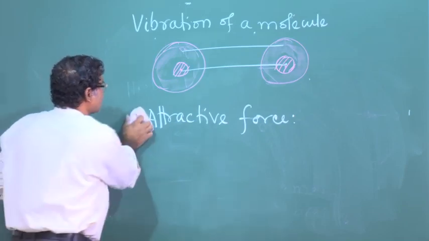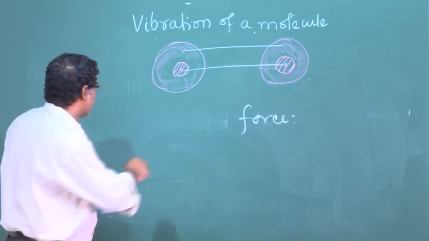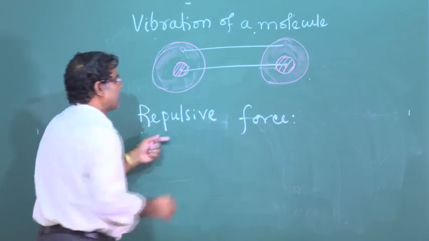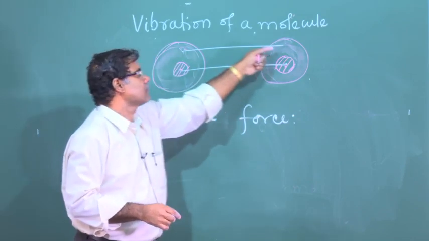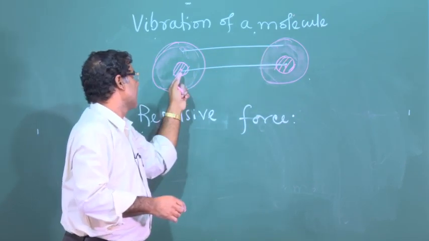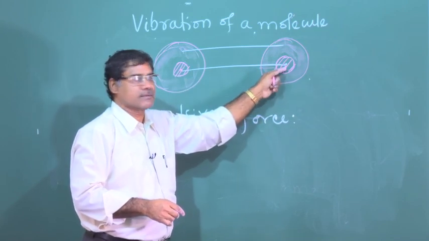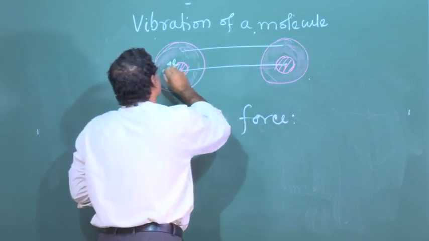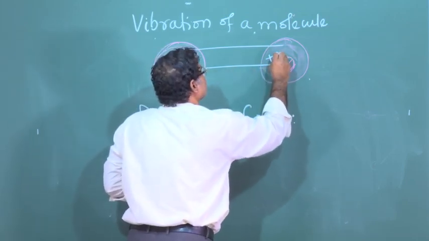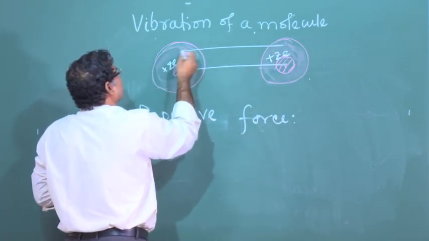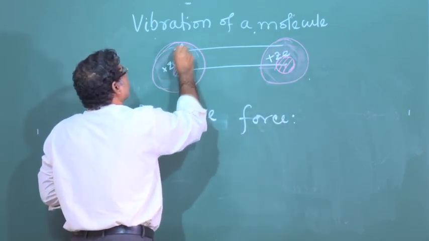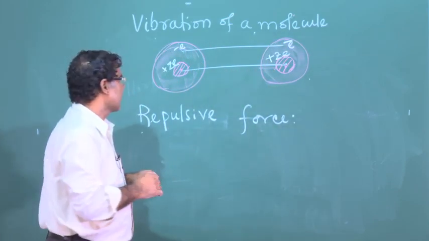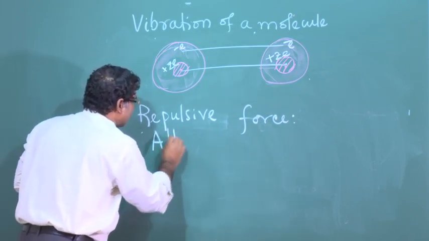So, let me write this: repulsive force, the source of repulsive force, electron interaction and nucleus interaction. Okay. So, these are positive charges and this is the negative charge, electron. So, there will be repulsive force. Okay. And then there will also be attractive force.